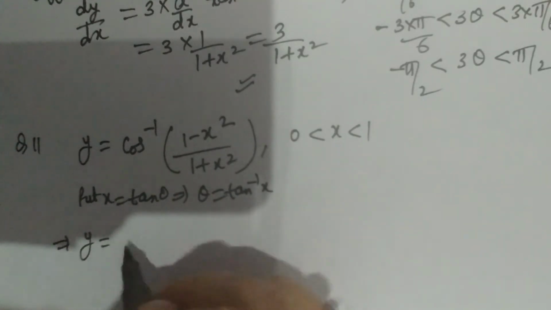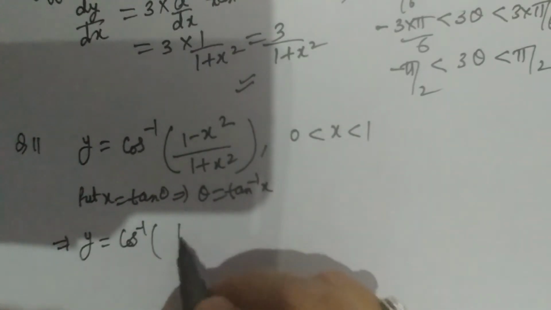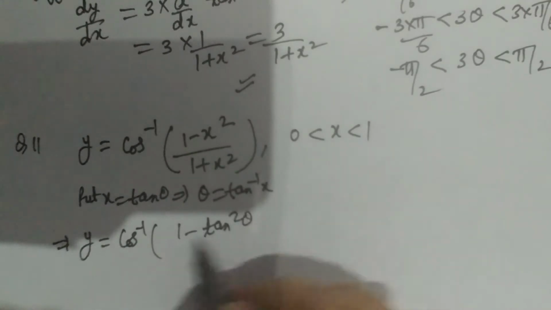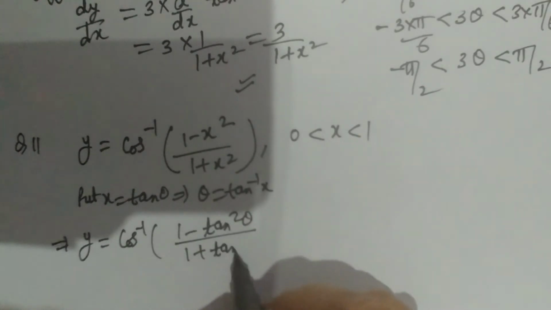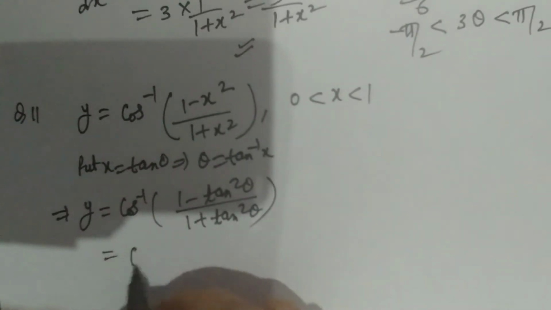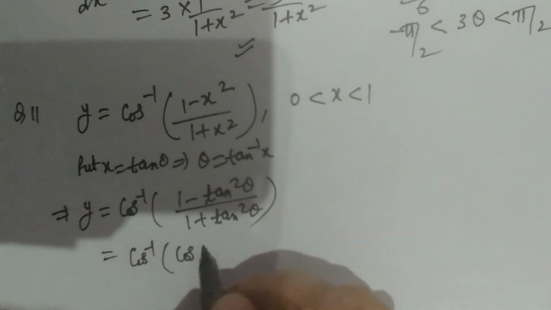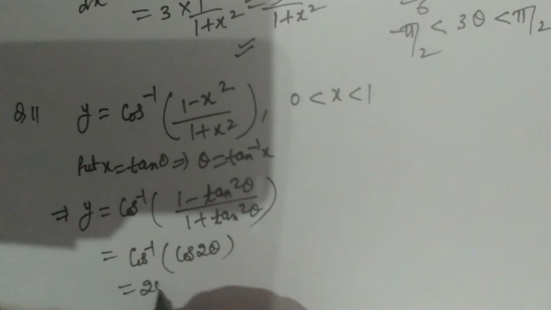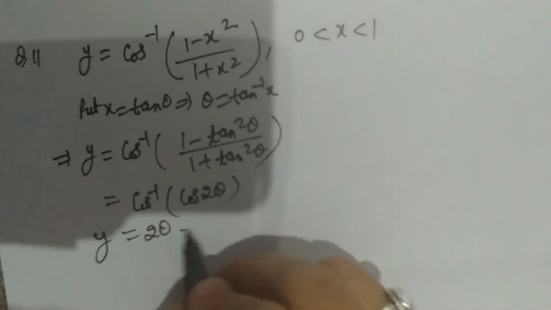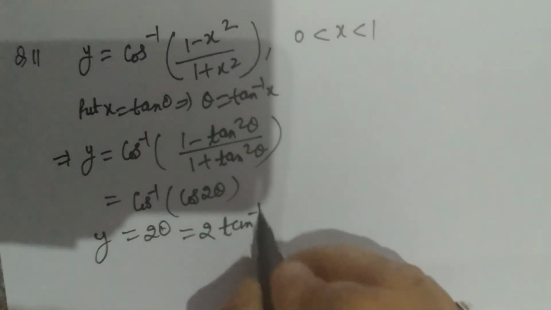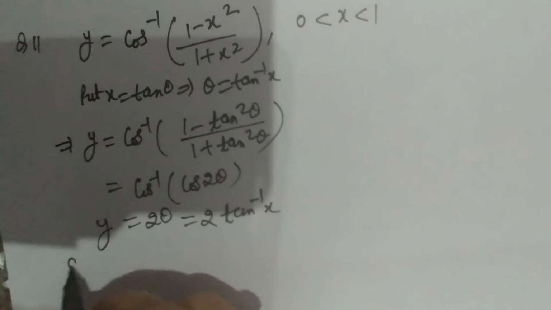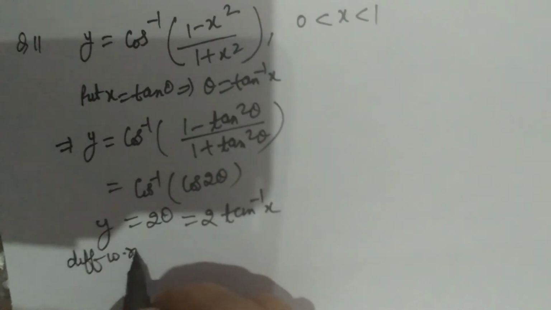This implies y is equal to cos inverse of (1 minus tan square theta upon 1 plus tan square theta), and this is the formula for cos 2 theta. So I'll be getting 2 theta, which is 2 tan inverse x, and the rest is the same, differentiating with respect to x.